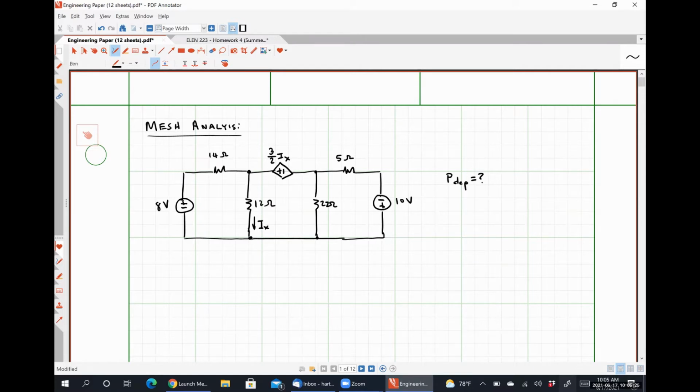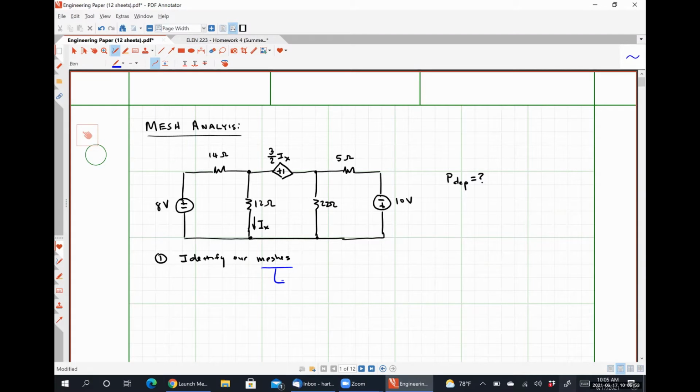So the first step of mesh analysis is to identify our meshes. Do any of you guys remember from our first lecture what a mesh is? Vaguely. All right.